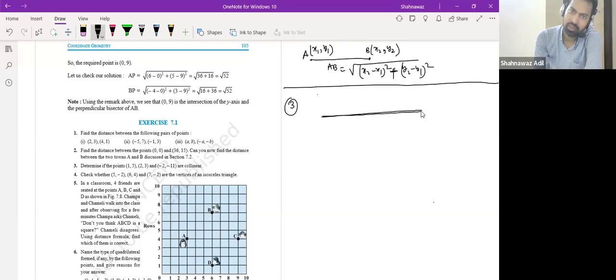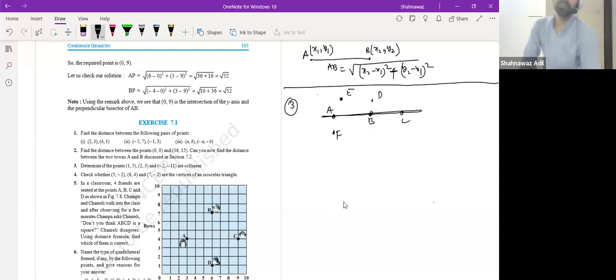When I say collinear, it means that let's say these are some points: A, B, C, D, F. So you guys see that A, B, C are the points which lie on this line.